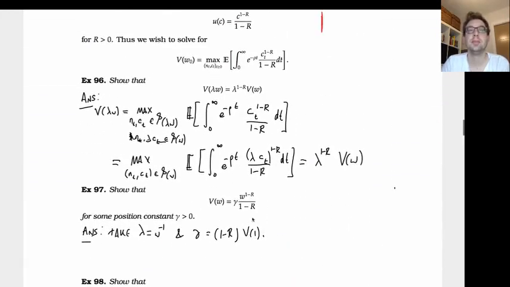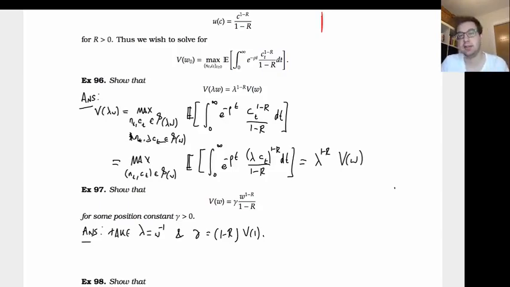It's this form. So the only thing you don't know now is gamma. You figured out what c is, you figured out what theta is, and the only thing that's left that you don't know is gamma. Then you can substitute those into the HJB equation, and then it's a matter of solving for what gamma is.